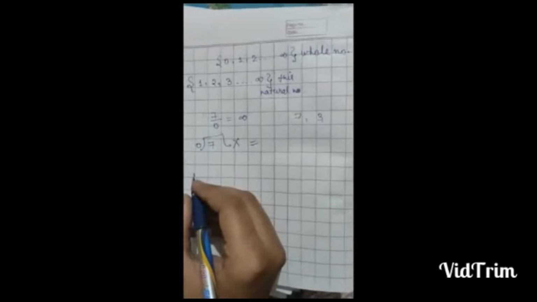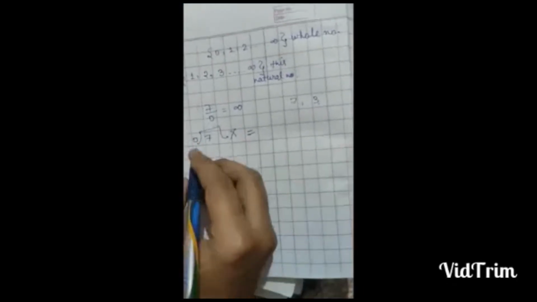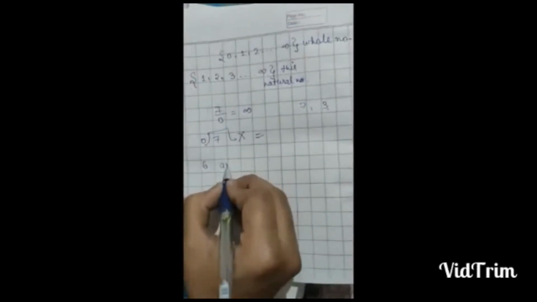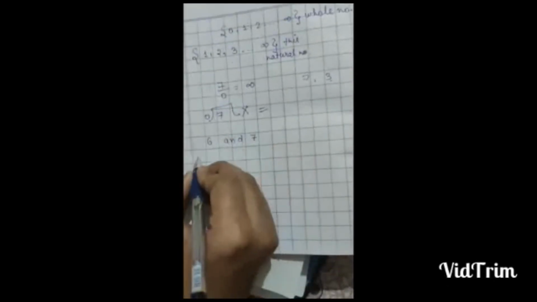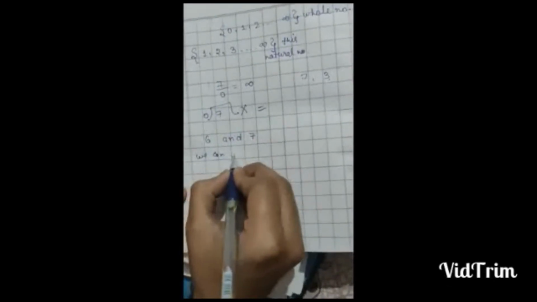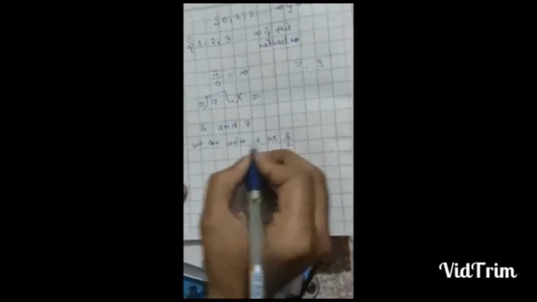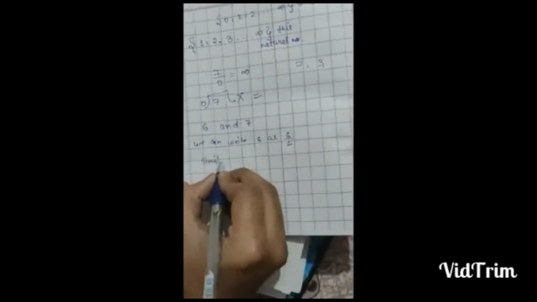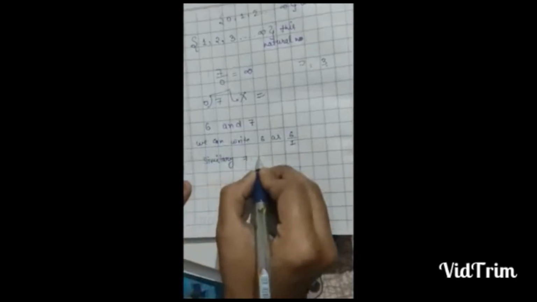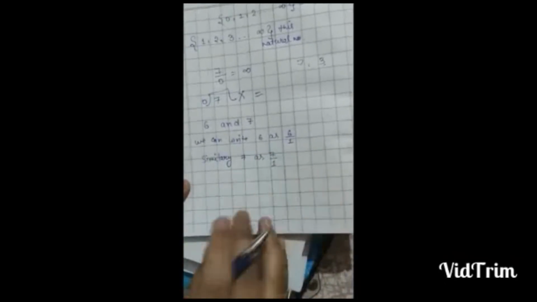Here I want to clarify one more point. If I write 6 and 7, we can write 6 as 6 upon 1. Similarly, 7 as 7 upon 1.